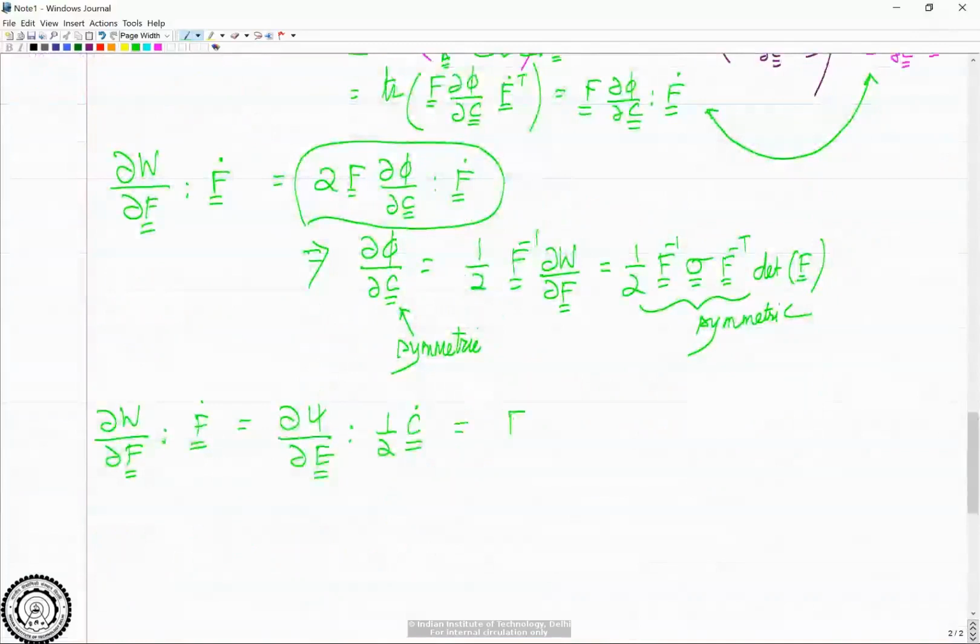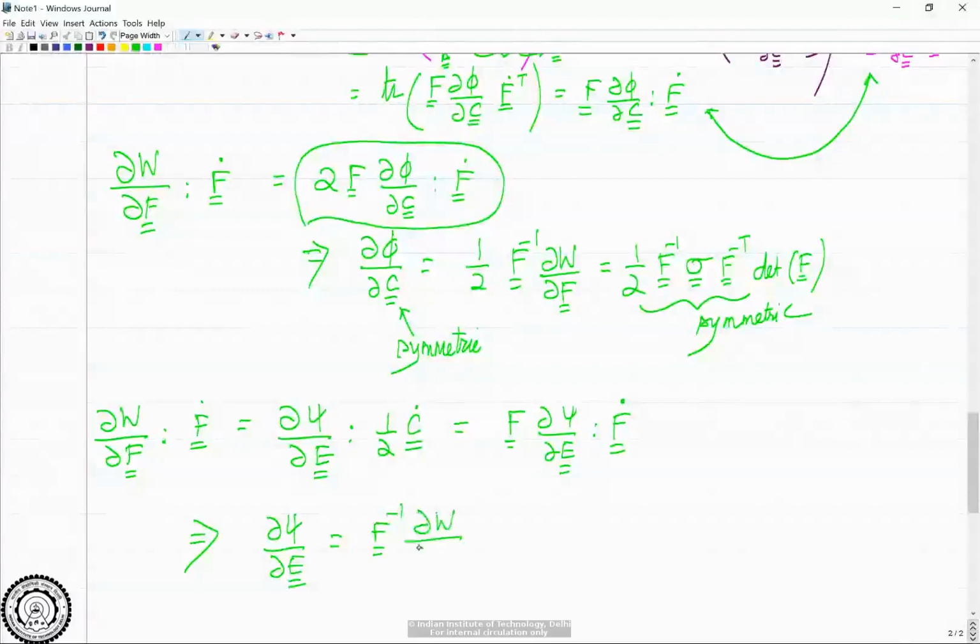It will simply be F del psi by del E double contraction F dot. And then when you relate the two, you simply get that del psi by del E is equal to F inverse into del W by del F. And this is your second PK stress tensor.